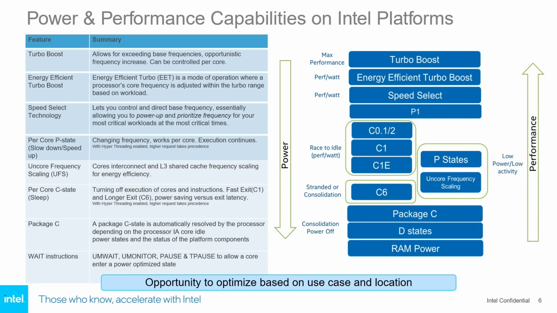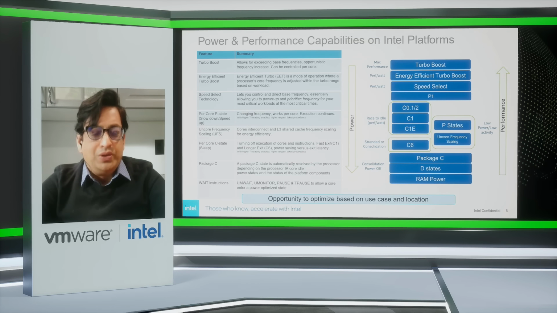Diving a little bit deeper into power and performance capabilities, as you can see, we have all of these different power and performance capabilities in our processors. We have turbo boost, we have energy efficient turbo boost, which are all able to modify our processor frequencies depending on the workload requirements. We have the processor P states and C states, which, depending on how the workload needs, we can change either the frequency or even the power state itself based on the processing needs of that particular workload, which I will share a couple slides down the line on how we leverage that.